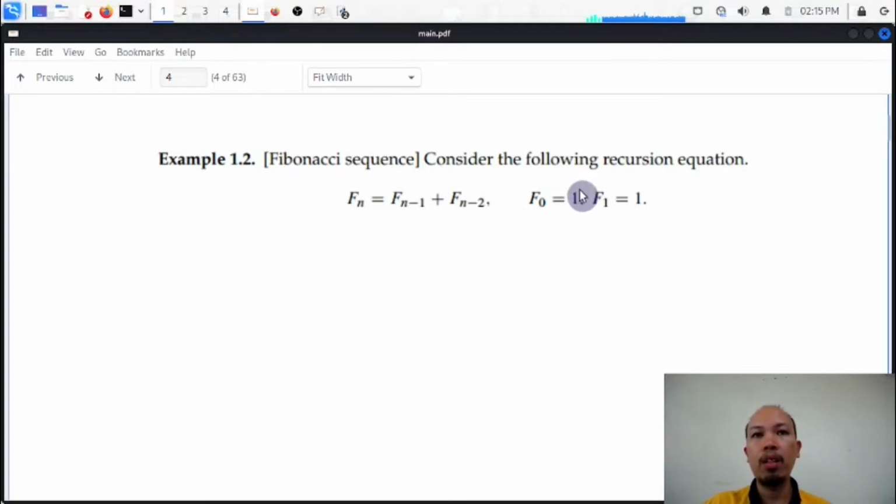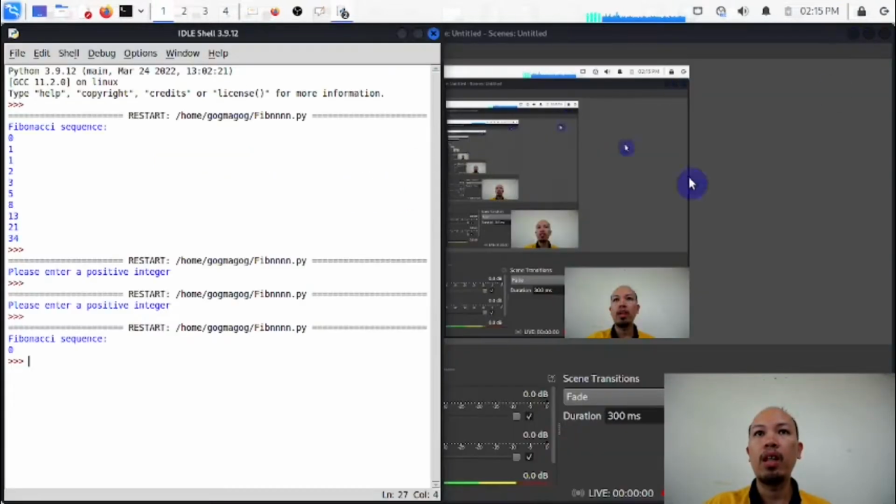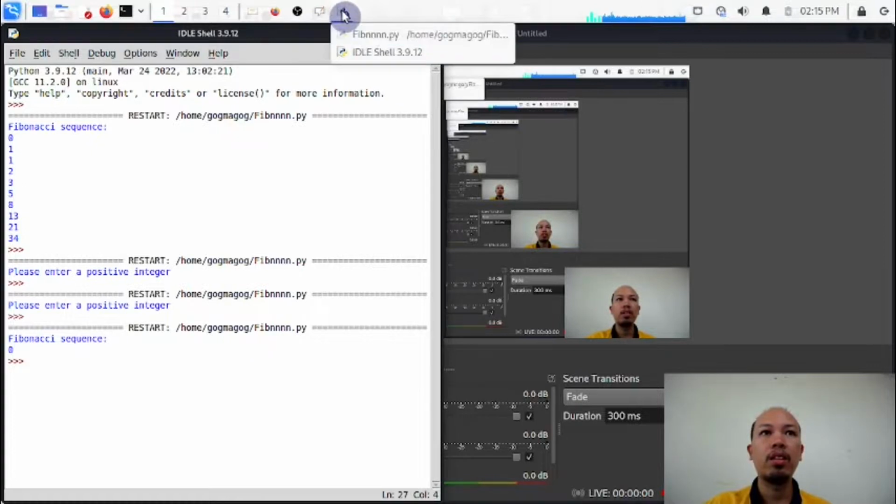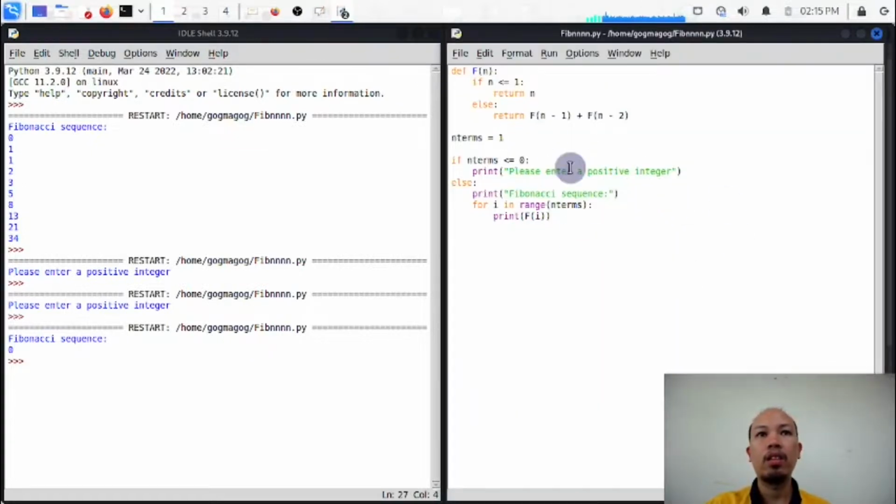So what if it will start at 1, and the second term is 1? How will you code the Python code for that case? That will be your assignment. That's one of your assignments.